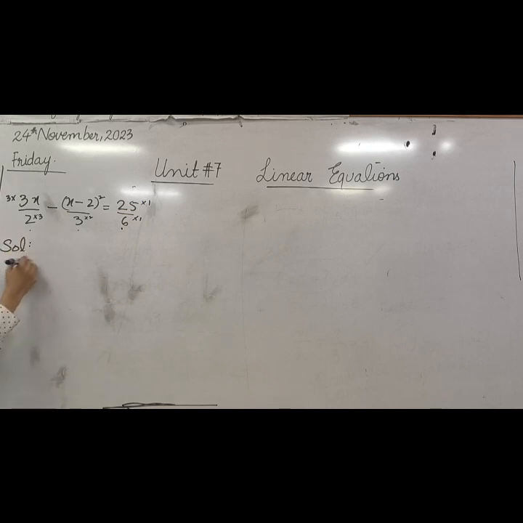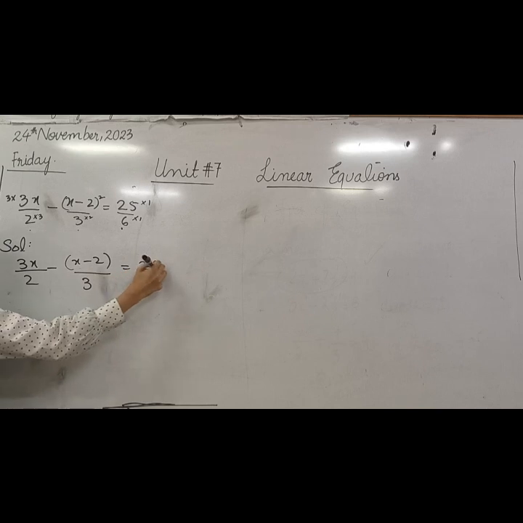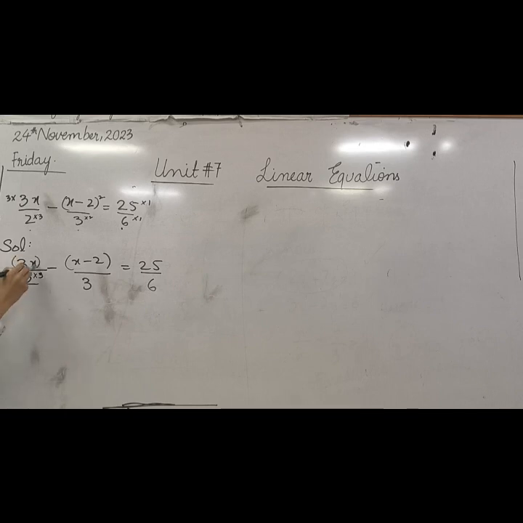Solution. First of all, we write the question as it is. 3x over 2 minus x minus 2 over 3 is equal to 25 over 6. Now we multiply 2 with 3 and this will also be multiplied with 3. Keep it in your mind that whenever we multiply something in the denominator, we will also multiply in the numerator.